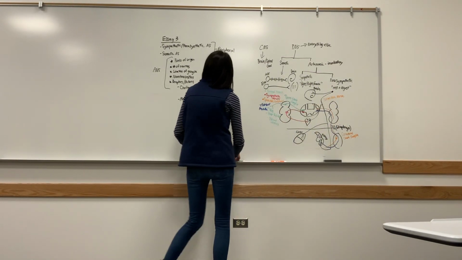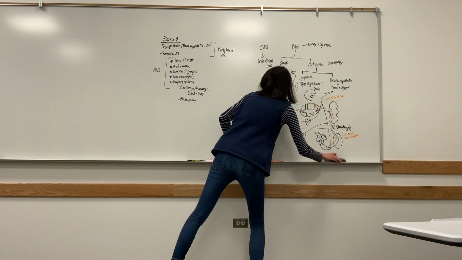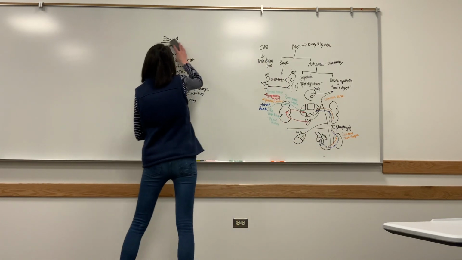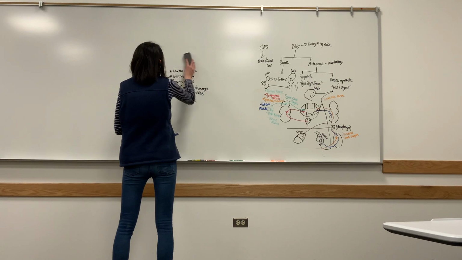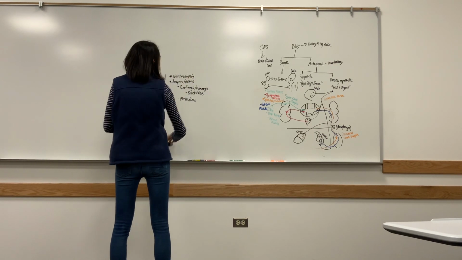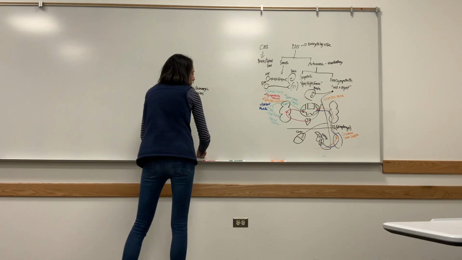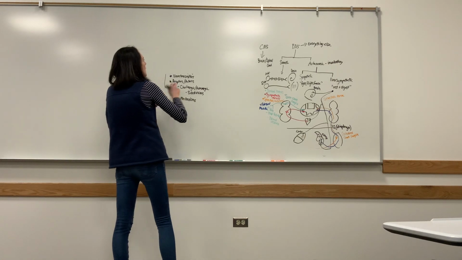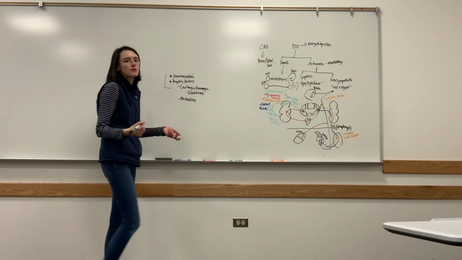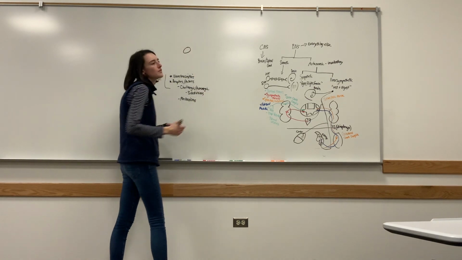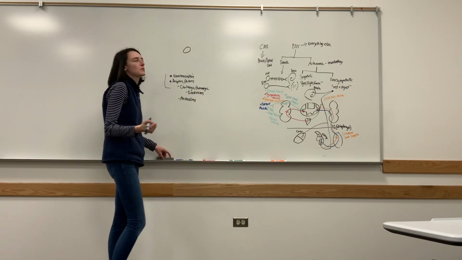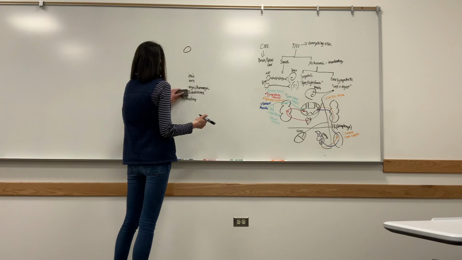Now going forward, I'm going to erase this. I'm going to now talk about the different receptors and the different neurotransmitters that are involved in the sympathetic and parasympathetic nervous system.